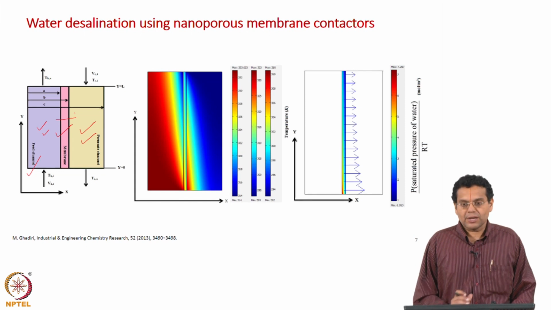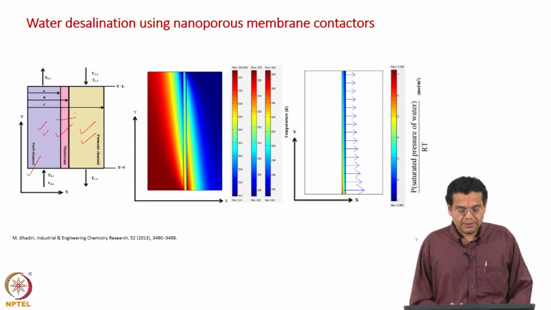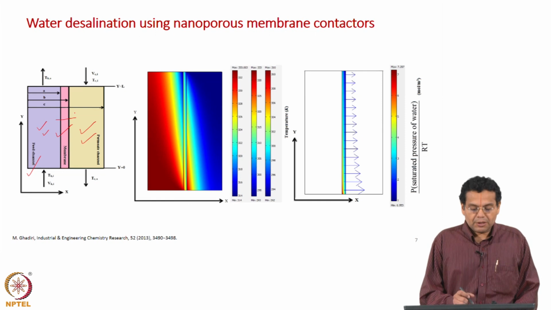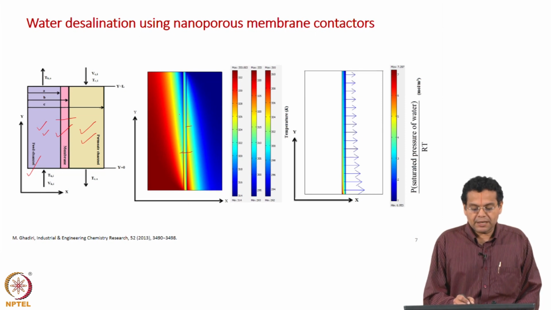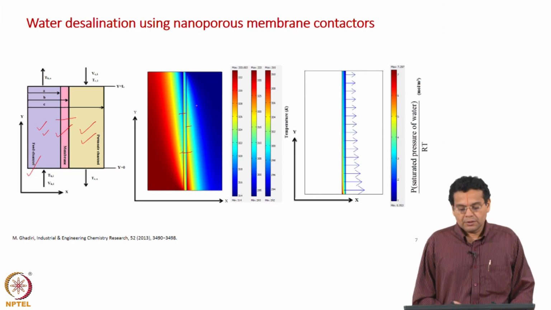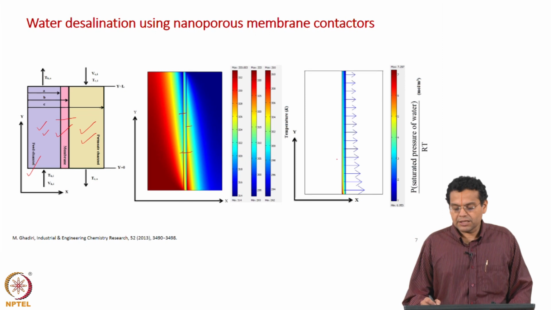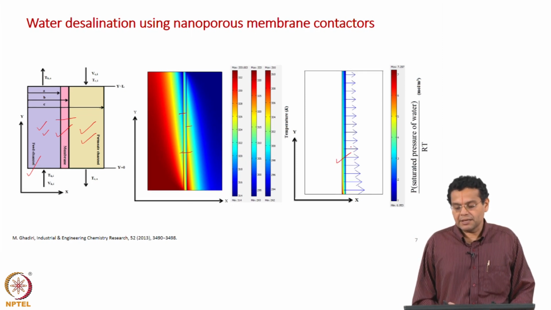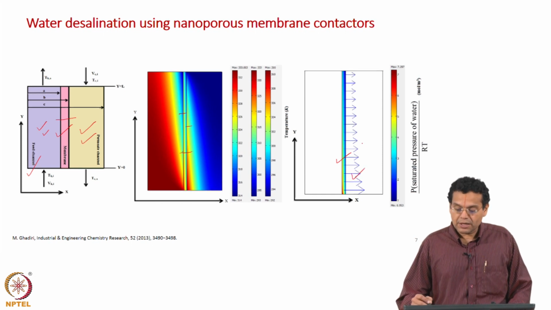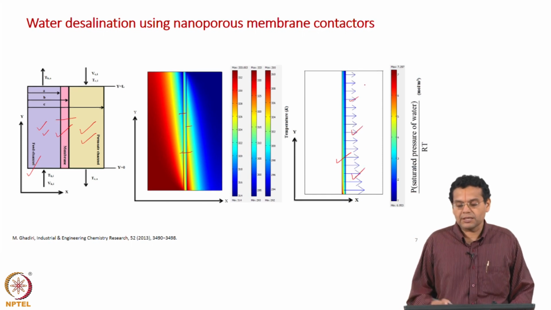Temperature plays a major role, as we have seen, that is the driving force, and because water vapor diffuses through the membrane we solve the species balance also. So, what is shown here are the temperature profiles in the feed side, the permeate side and the membrane as well, and then the concentration of water vapor in the membrane, how does it spatially vary, and more importantly what is the flux of water, how much water passes through the membrane along the length of the membrane.